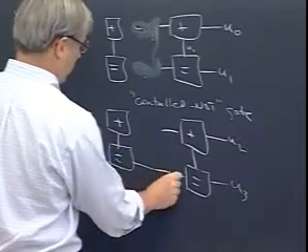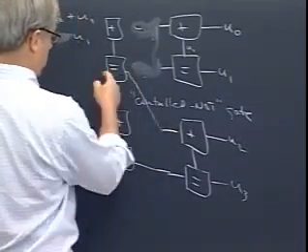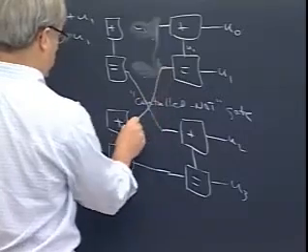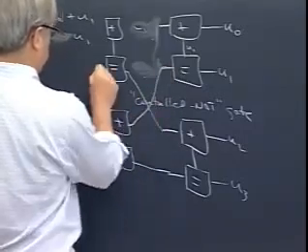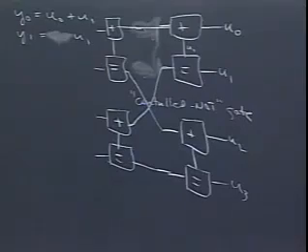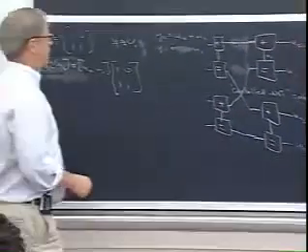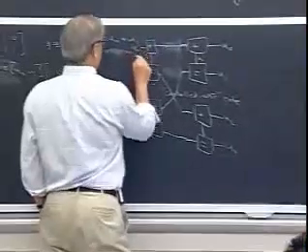And how are we going to tie them together? The outputs here are going to go to the equal signs. The outputs here are going to go to the plus signs. And we get something that looks like that for the 2x2 Hadamard transform.